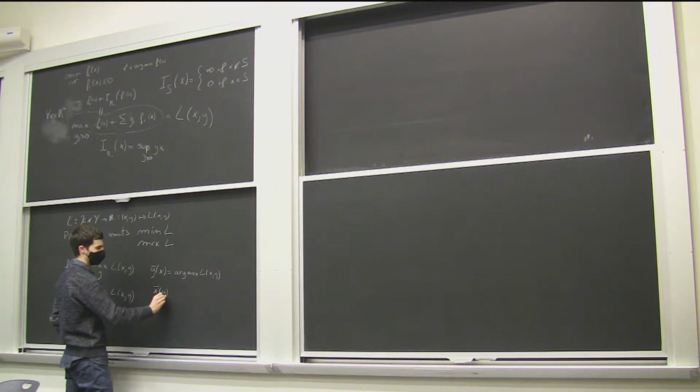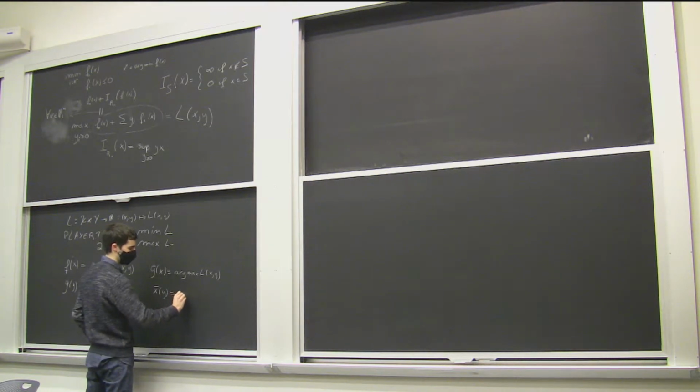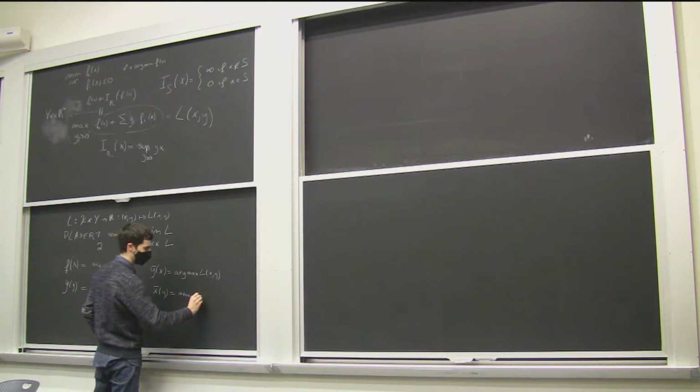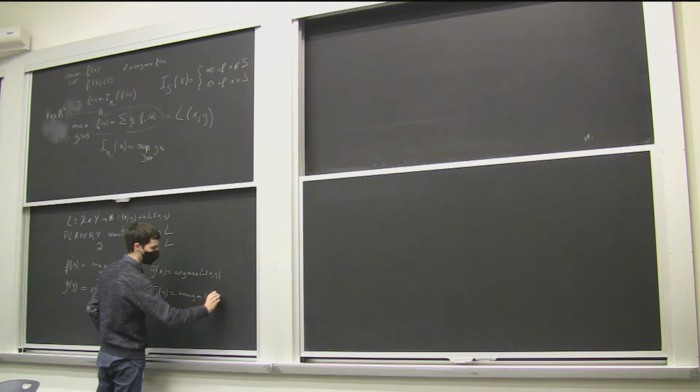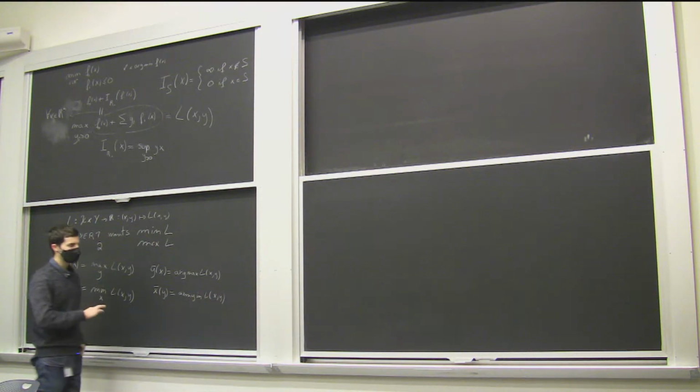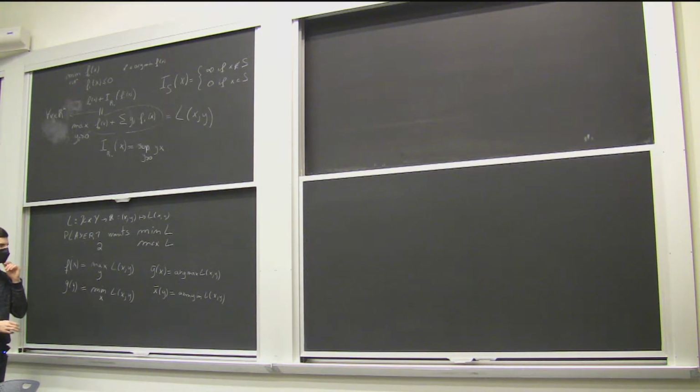And we will write this. And this is just to simplify the notation. Of course, there could be several minimums and several maximums, but this is to simplify. And so then you can actually write this.